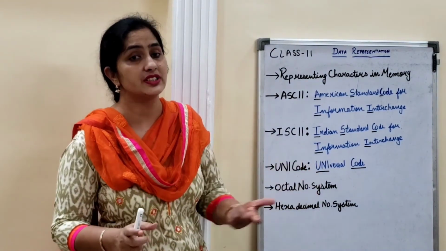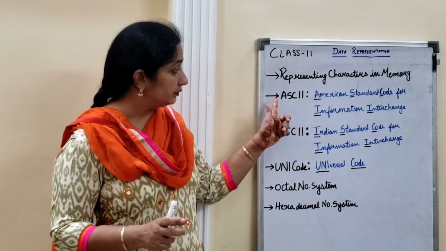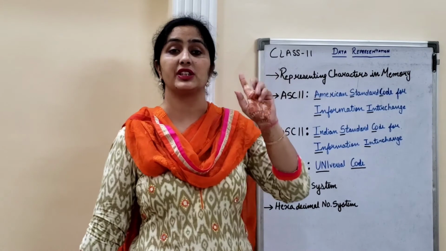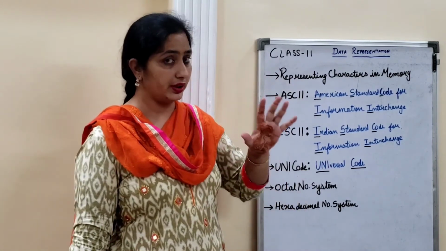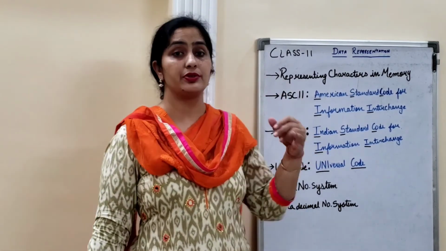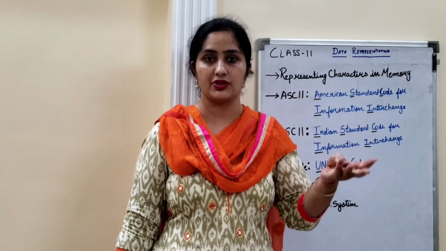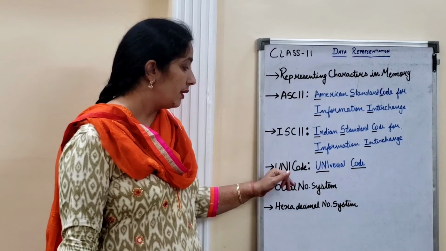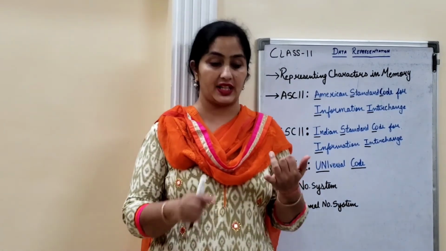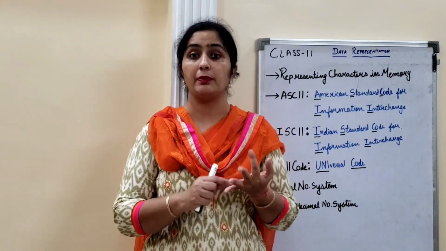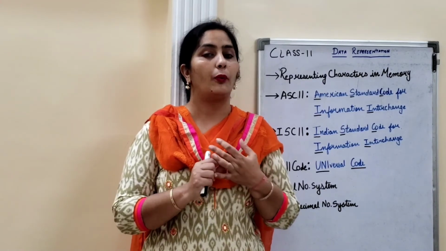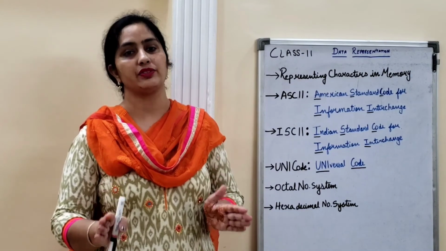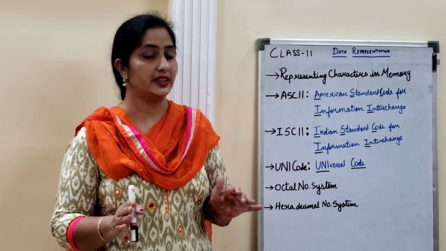Unicode means universal code, which is going to represent all the languages of the world. ASCII code is going to represent only American English. ISCII is going to represent Hindi, Punjabi, Urdu, Bengali, whatever the other Indian languages are there. But Unicode is going to represent English, Hindi, Punjabi, French, Dutch, whatever the other languages you have in the world, that all languages is going to be represented by this Unicode.